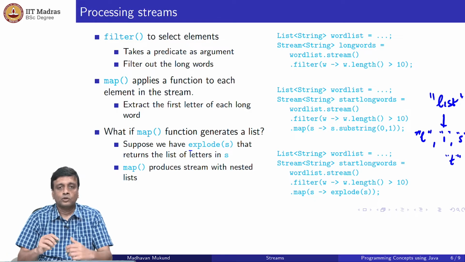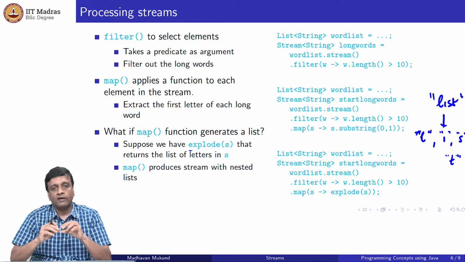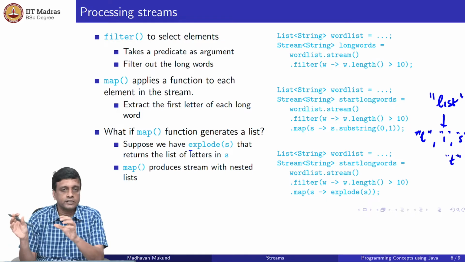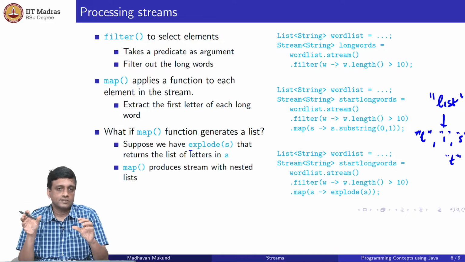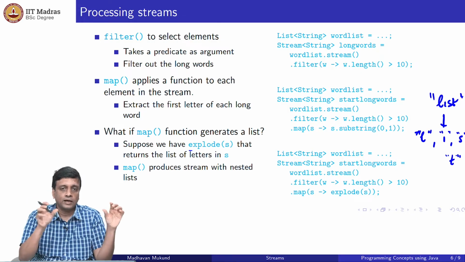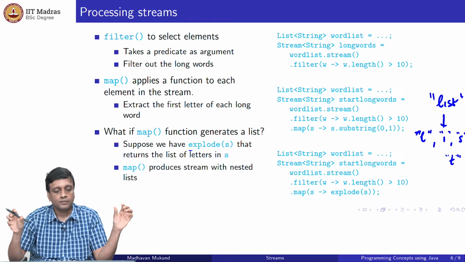So now what map is doing is taking one value and making it into a list of values. So if I have a stream of words coming, each word actually becomes a nested list. So I have a list, a list, a list, a list. So I have a stream of lists.